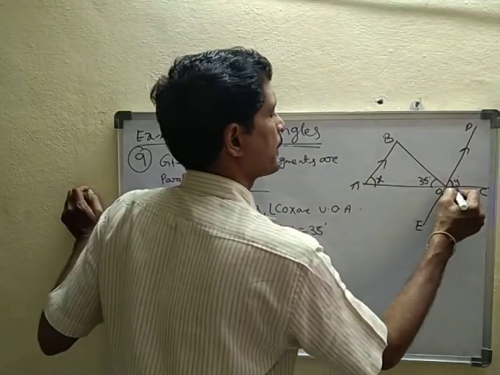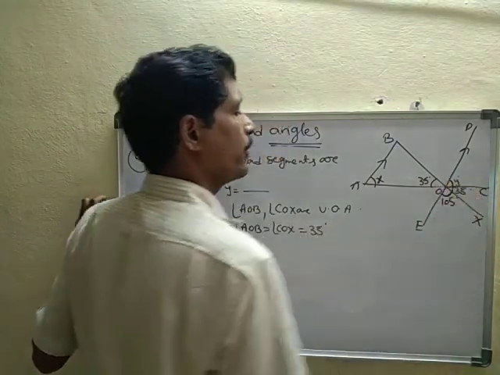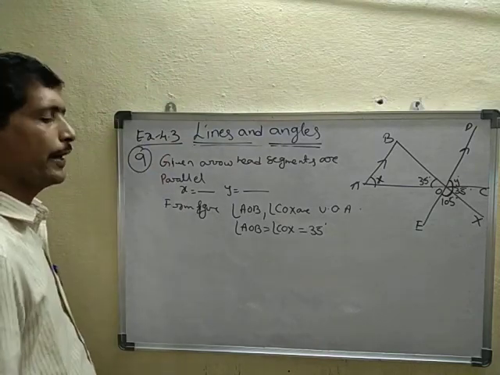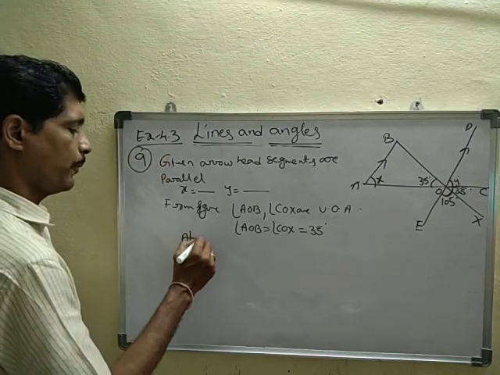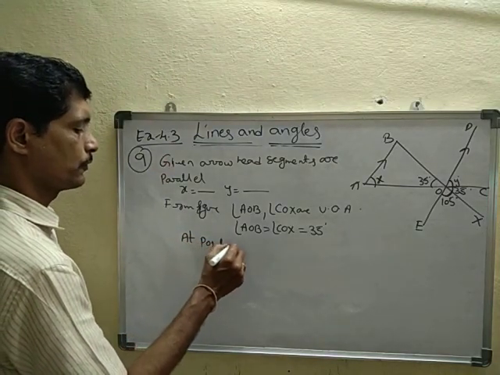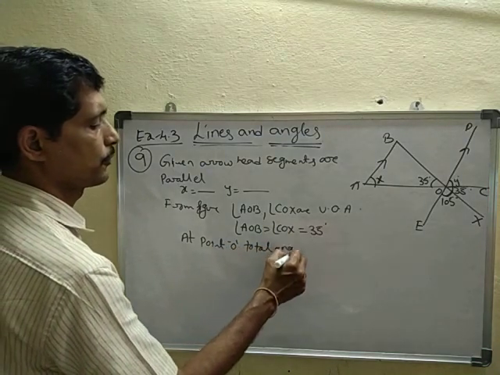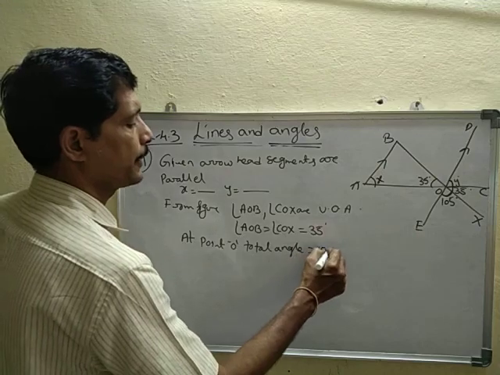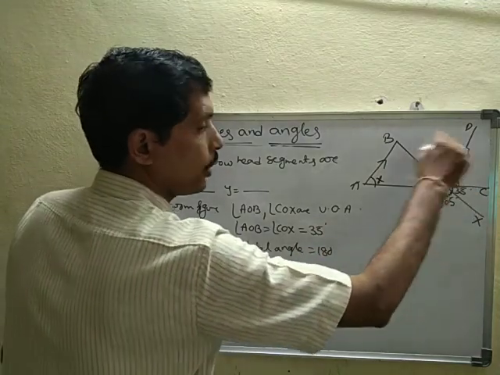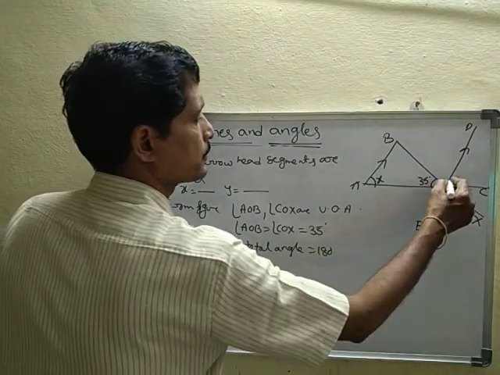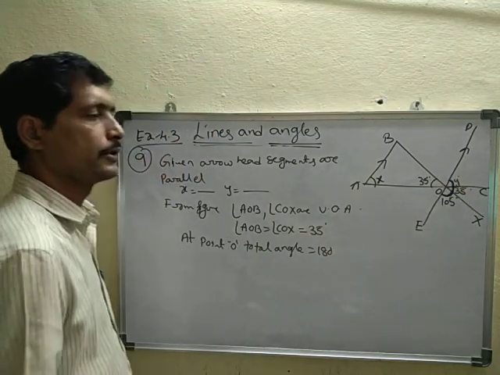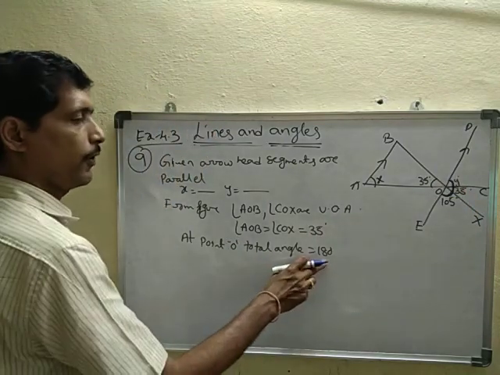This is 35 degrees. At point O total angle equal to how much? 180 degrees. Yes, at point O total angle that equal to 180 degrees. Only this side, not this total. Only this side. Okay? That is 180 degrees.